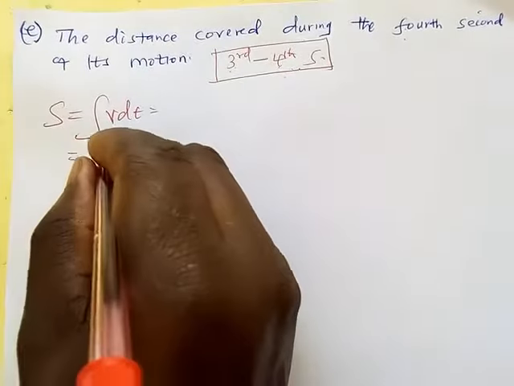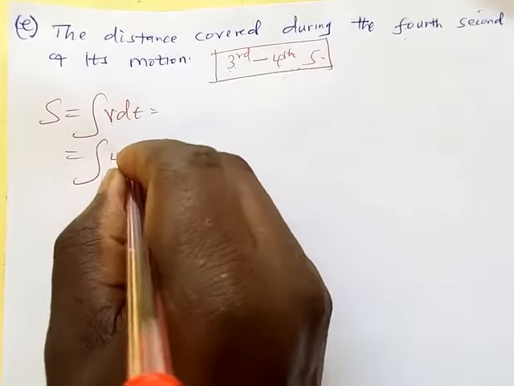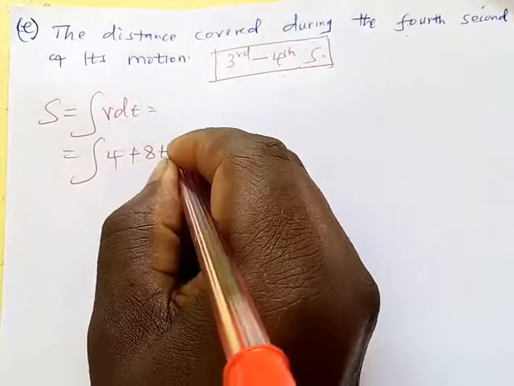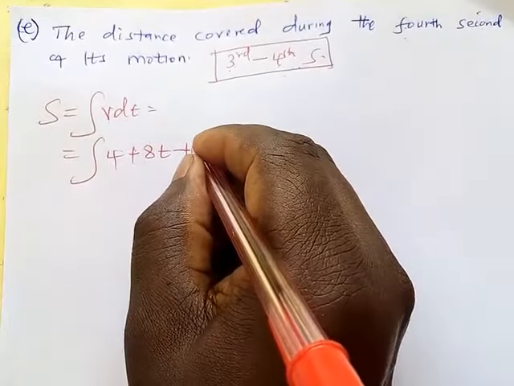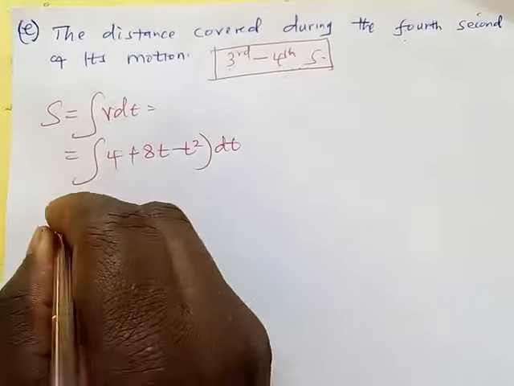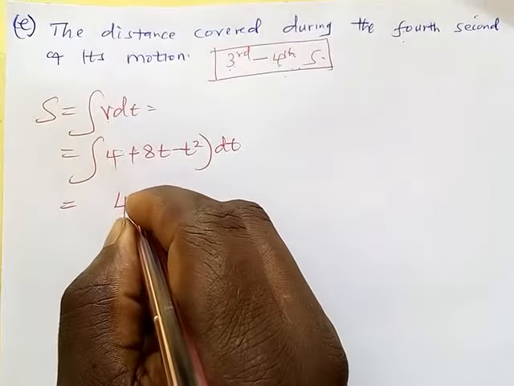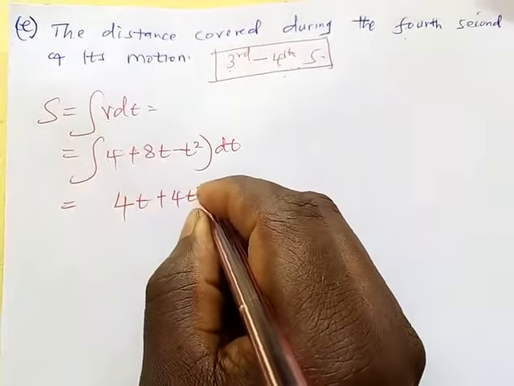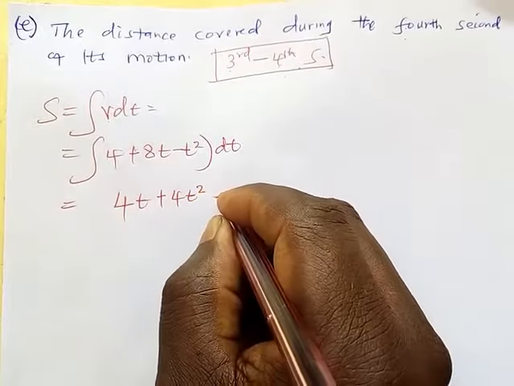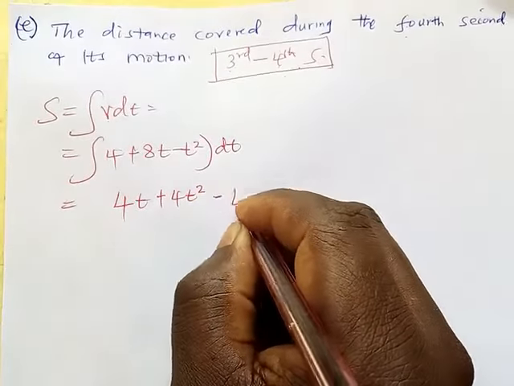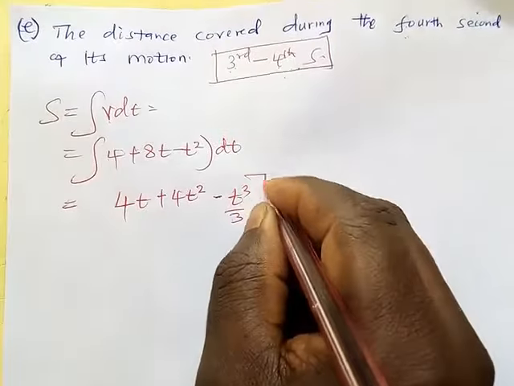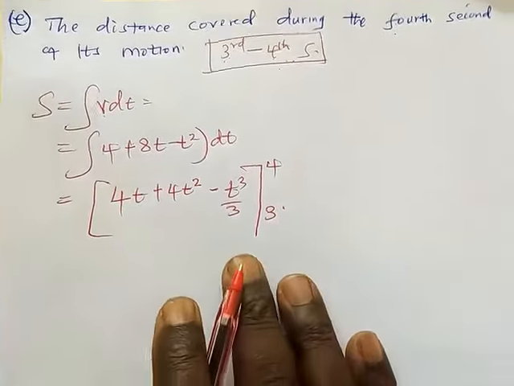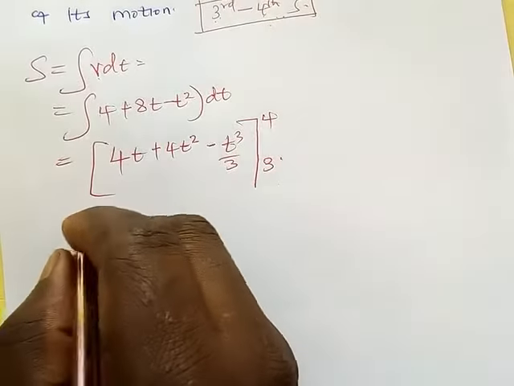So we know that the integration is of 4 plus 8t minus t squared dt. This is going to be 4t plus 4t squared minus t cubed over 3, and our limits are 4 and 3.